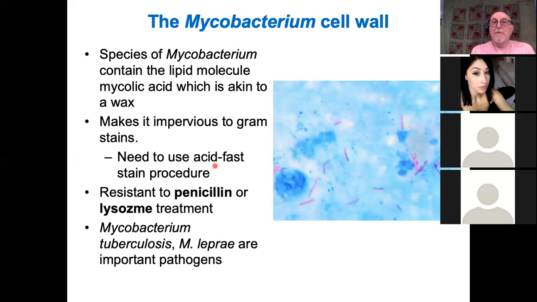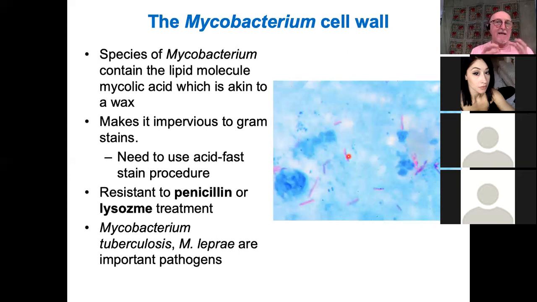And there's a big problem with the mycobacteria, and that is they are fundamentally gram-positive. They are allied to the gram-positives, but they contain in their cell membranes a special lipid molecule called mycolic acid.